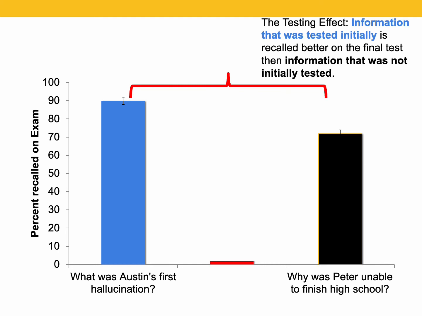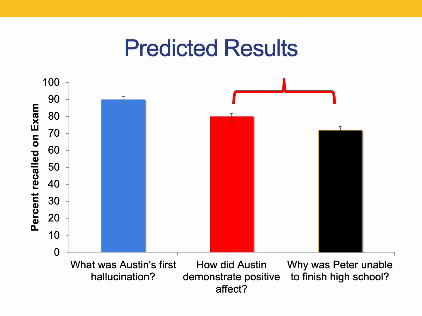Now, let's look at what happened to the other questions about Austin that weren't tested. I should say that it was predicted for a long time that questions related to the questions they were asked about would be recalled better than the questions from the untested passage.